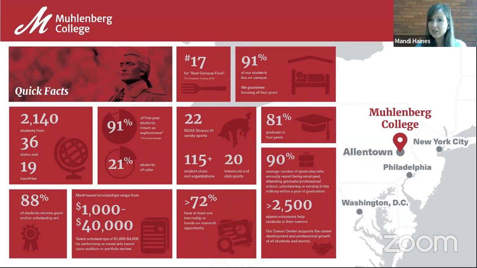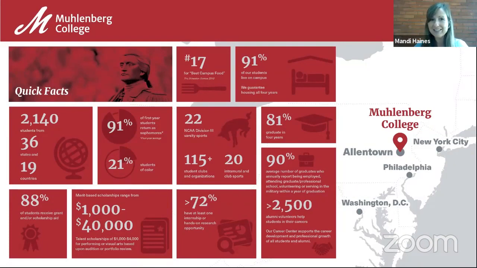And the other thing that I should point out as I'm talking about next steps on this slide is that 90% of our students are either employed or going to grad school within 1 year of their Muhlenberg graduation. So that is a success rate that we are very proud of. And there's a lot of support at the college to ensure that our students are having some really amazing opportunities.